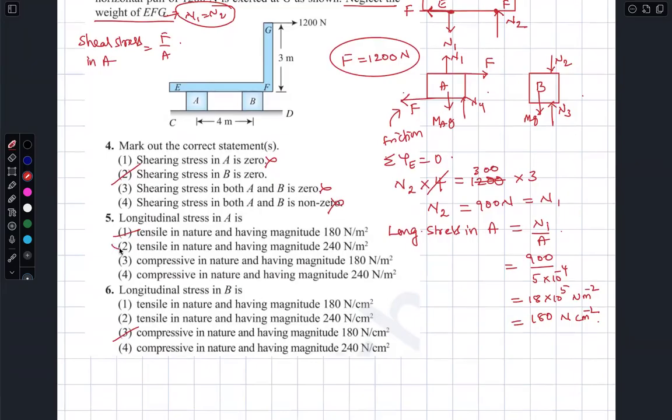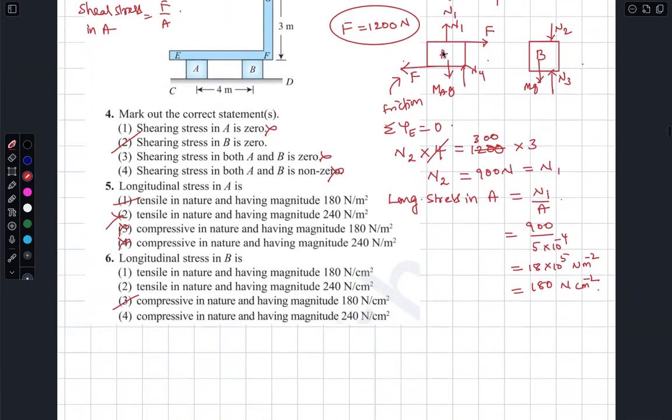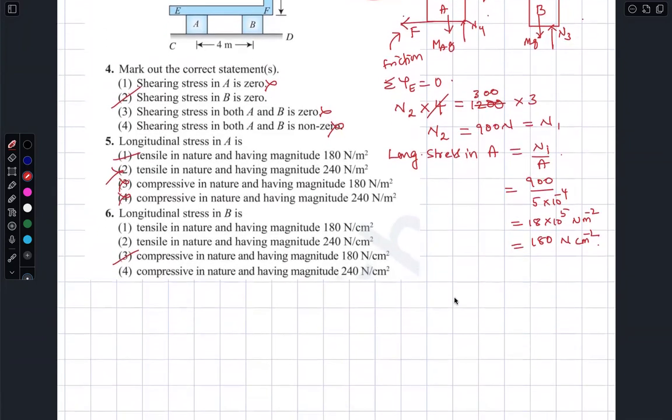So one is correct, two is wrong. It's not compressive in case of A. It is elongative because you can see the space is pulled up. Longitudinal stress in B is actually compressive in nature. Same magnitude, compressive in nature.